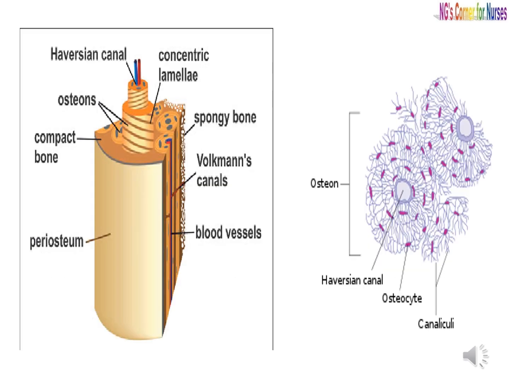So in this picture, we can see the central canal, that is the Haversian canal, and the transverse perforating canal, which is known as Volkmann's canal, and around the central canals there are rings of hard calcified matrix which are known as concentric lamellae.